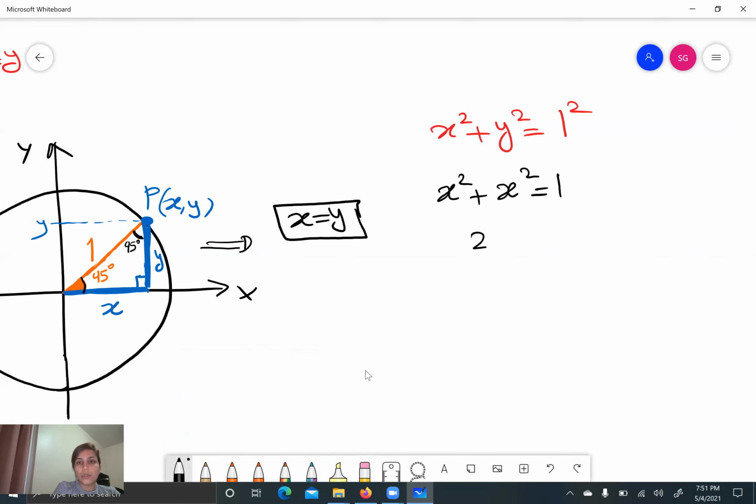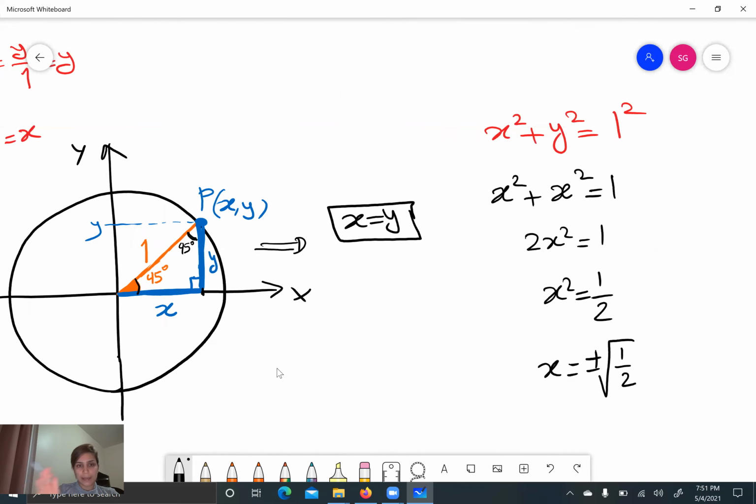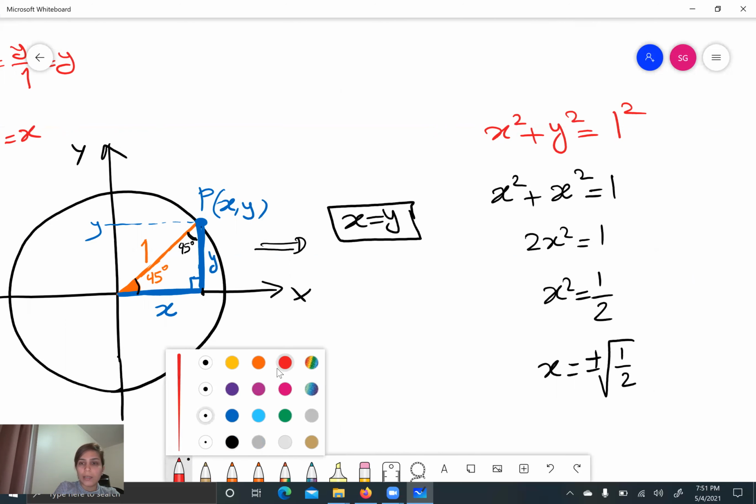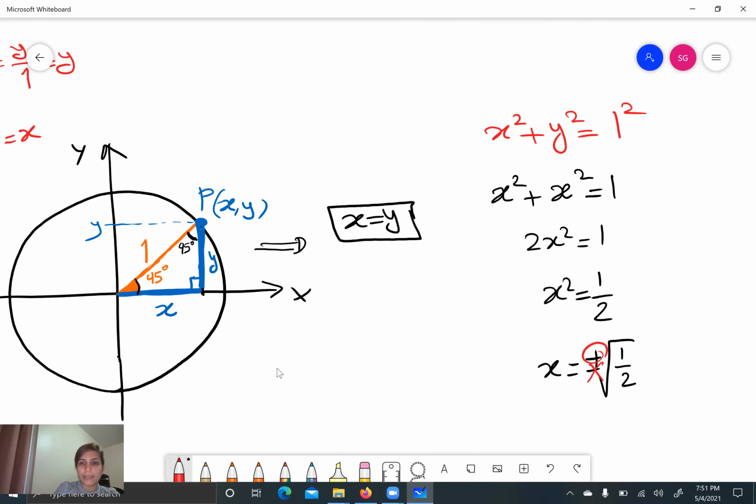So it's going to be 2x squared is 1. So x squared is half. So x is positive or negative square root of half. But I see that the x value here is positive. You see, 45 degrees, the point is in the first quadrant. So the answer is not the negative one. We accept the positive one.